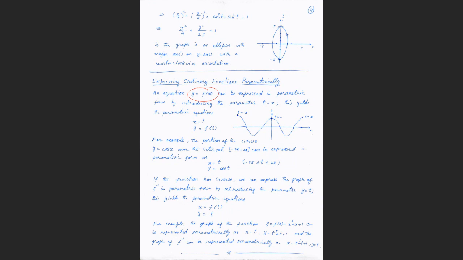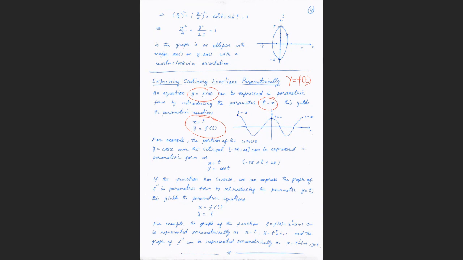Suppose x is equal to t, then this one function becomes y is equal to f of t. So these are the two equations, and these equations are called parametric equations.